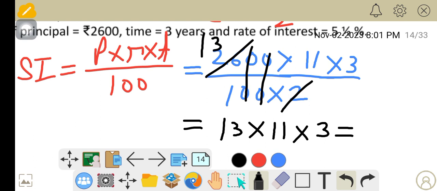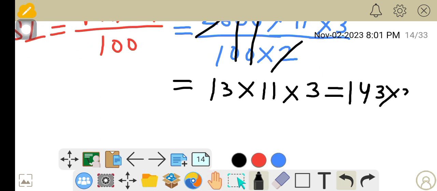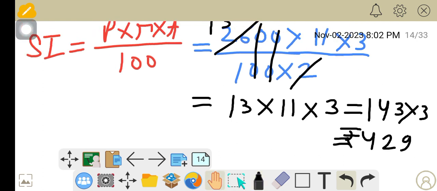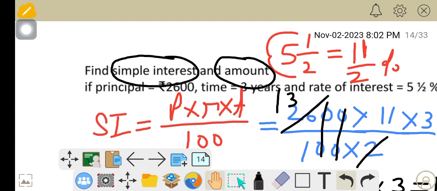13 into 11, it will be 143, and 143 into 3, it will be 429 rupees. So rupees 429 is simple interest, but we need to calculate simple interest as well as amount, and we also know the formula for amount.